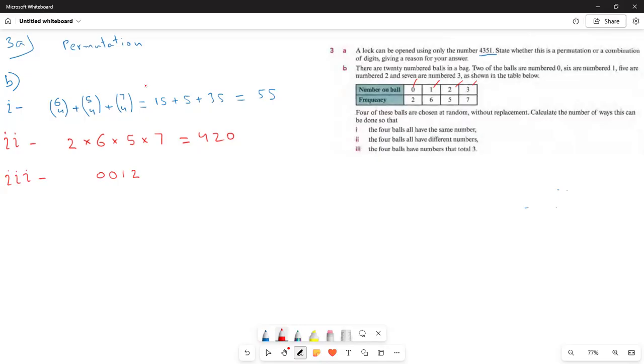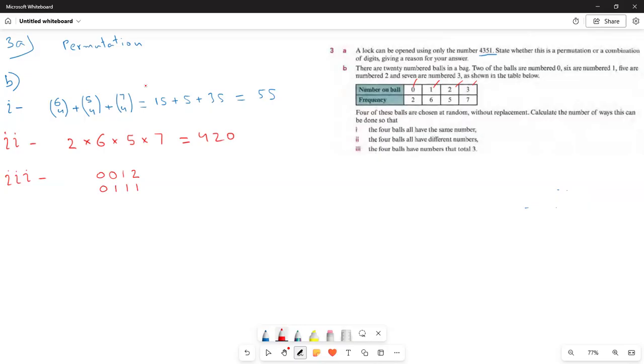What other possibility do I have? The numbers written on them could be zero, one, two, or three, but the sum should be three. So the other possibility is that I get zero and then one, one, and one, and that's it. There is no other way to get the sum three.